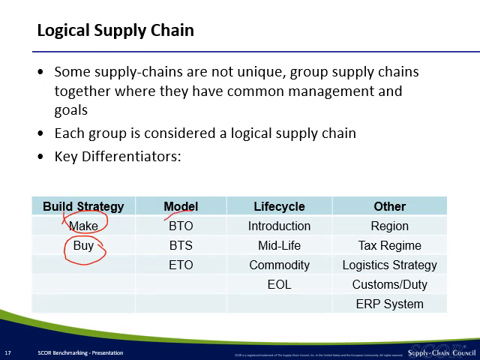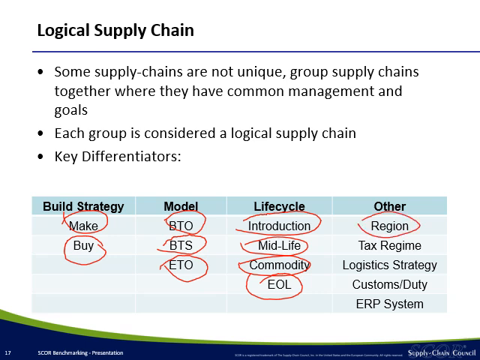Any product that is built to order can be grouped into one group, or the products that are built to stock can be formed into one group, or the products that are engineered to order can be in one group, or according to the life cycle. Any product that is just newly introduced to the supply chain or the market can be grouped together, or if they are midlife, or they are commodity, or they are end of life, or if the products can be divided into different regions, north and south, can be grouped together.